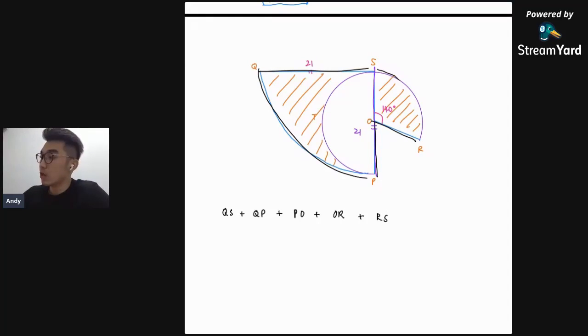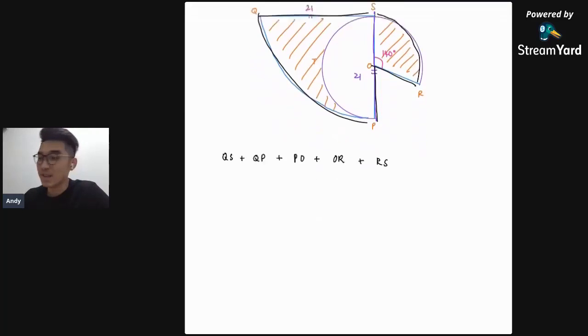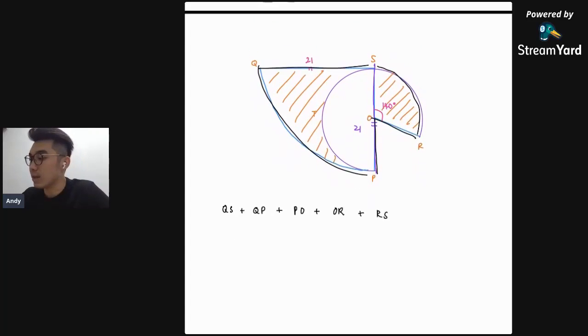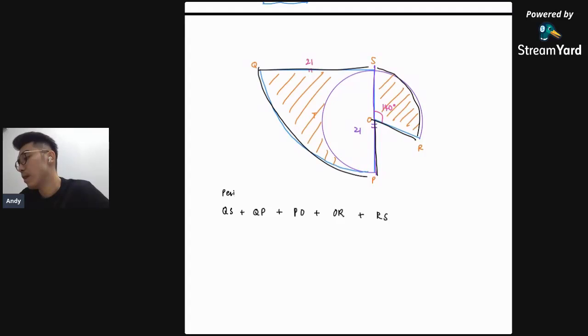That will give you the entire perimeter. So QS you have 21. What about QP? You have the arc. I believe this is 90 degrees, because it's a quadrant.